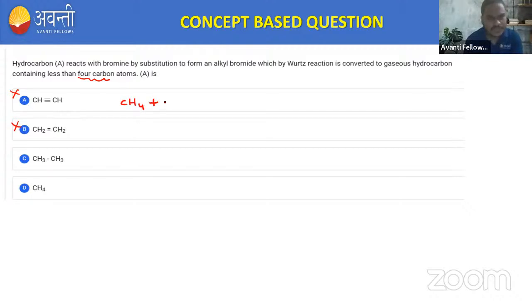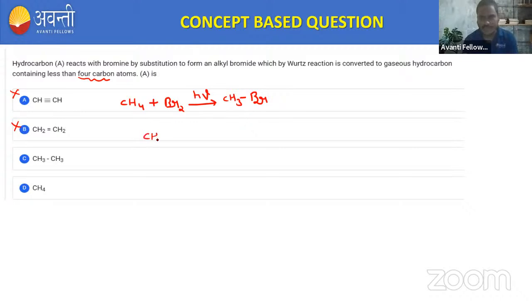This CH4 reacts with bromine, that is Br2, in presence of sunlight to form CH3Br. Now, this CH3Br undergoes Wurtz reaction.